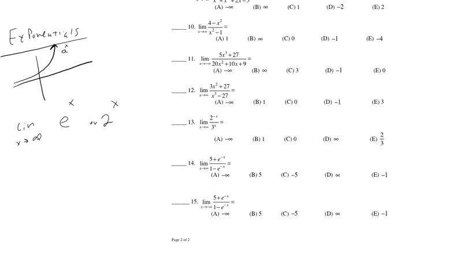This side goes to infinity, and this side, negative infinity, goes to 0. So exponentials have different answers for different directions of infinity. Positive infinity is going to go to infinity. Negative infinity is going to go to 0.